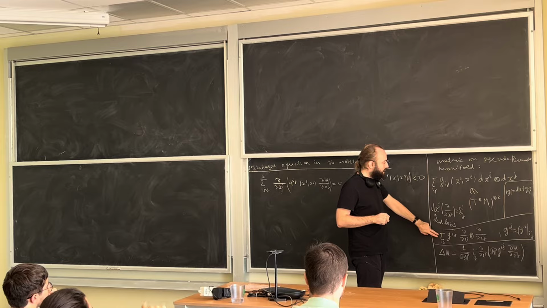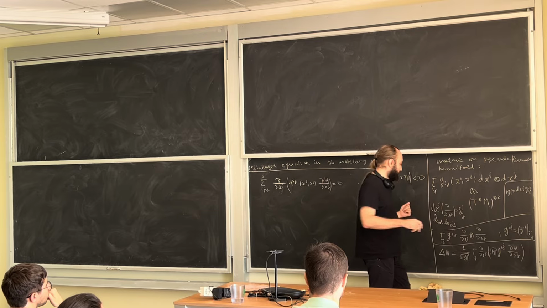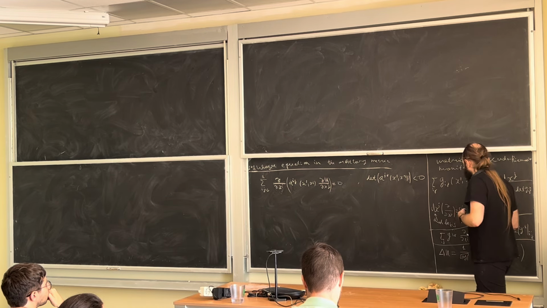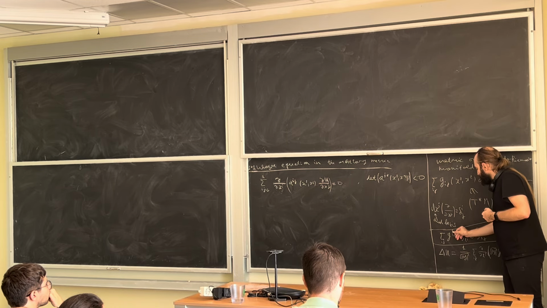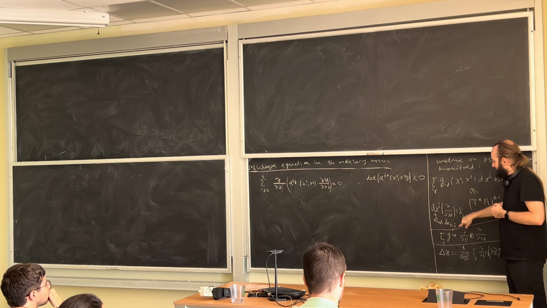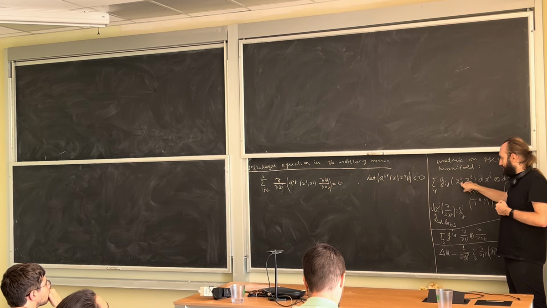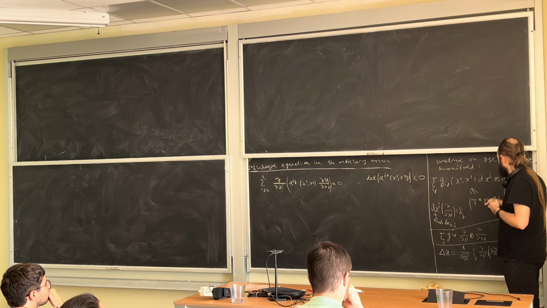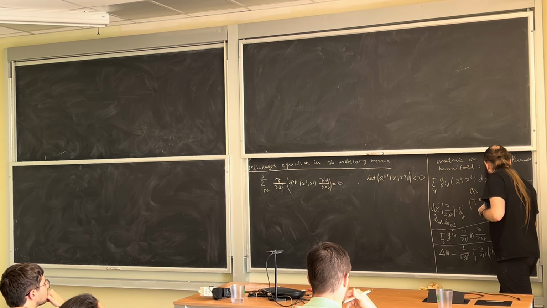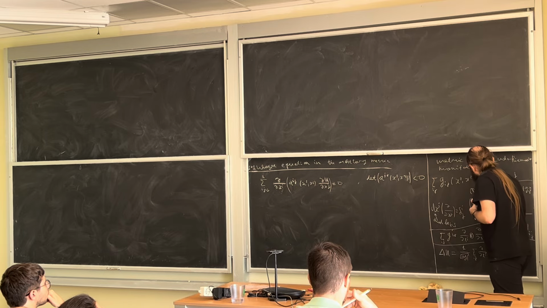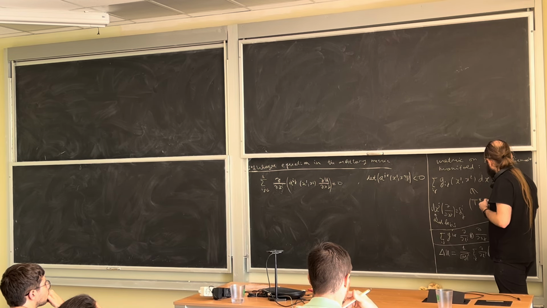So they are simply different. There are two inverse tensors. This tensor is a section of the square of the tangent bundle.